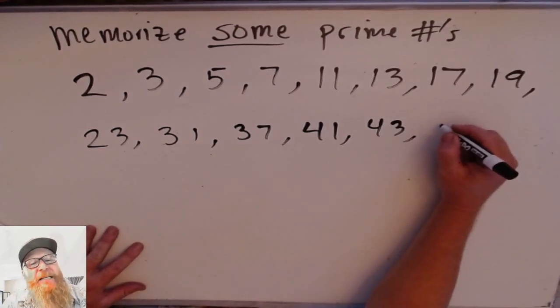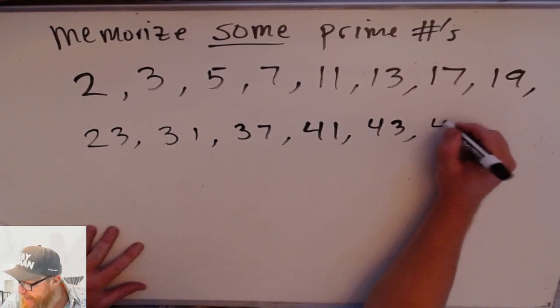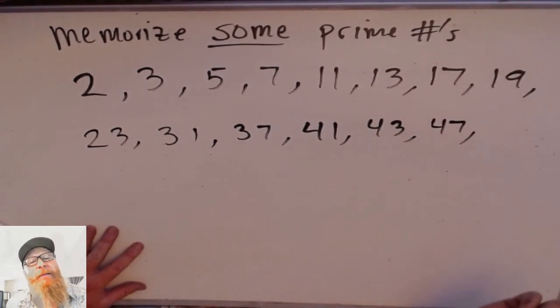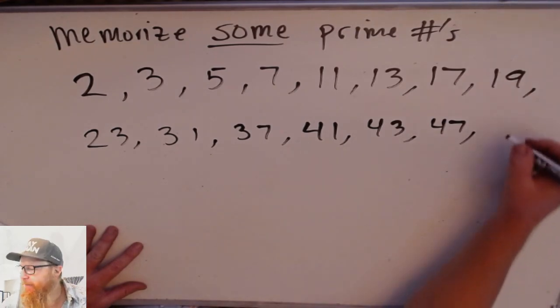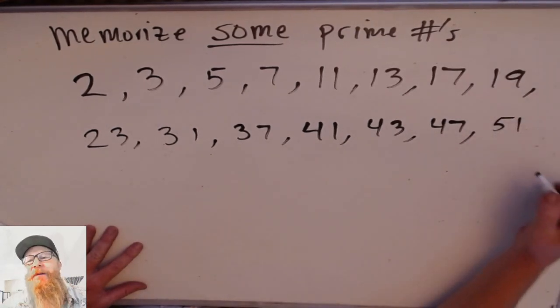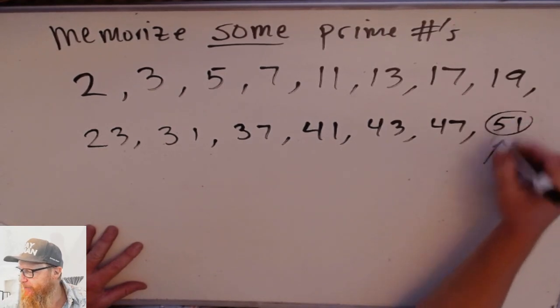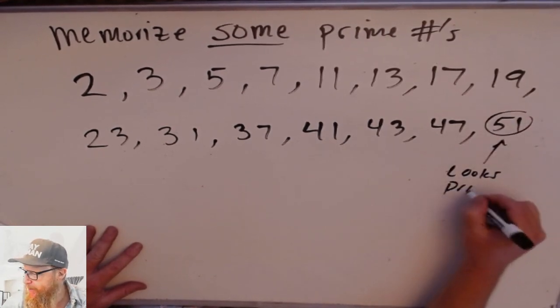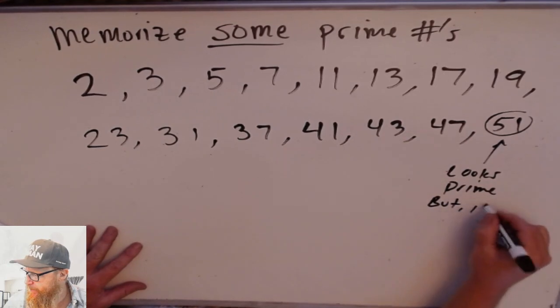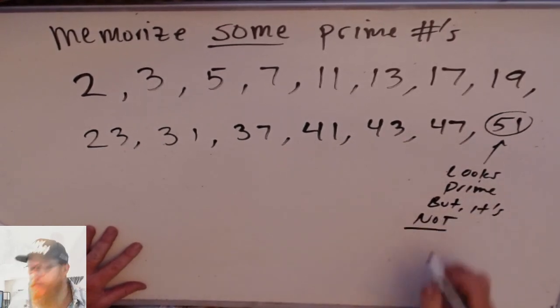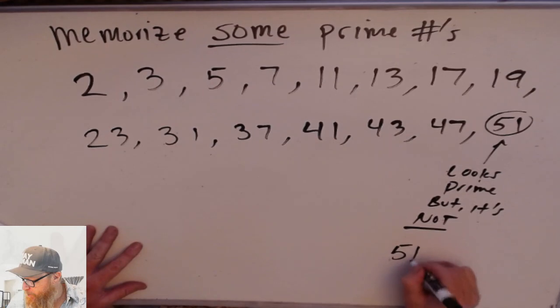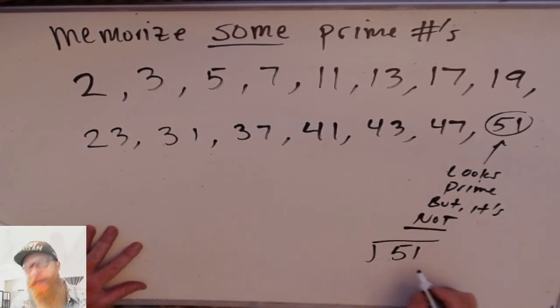45. 45 is 9 times 5, so that's not prime. 47 is prime. How about 49? No. 49 is 7 times 7. How about 51? 51 looks prime, but it's not. 51 is divisible by 3.